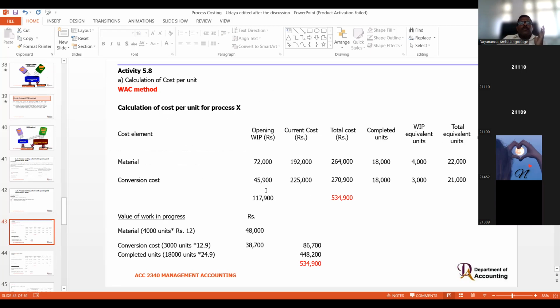So when you prepare under the WAC method, under WAC methods, you see that we take the total cost.